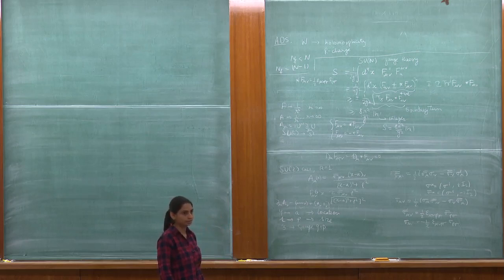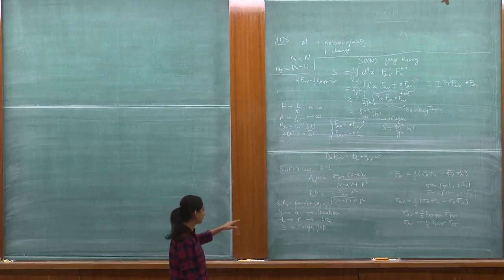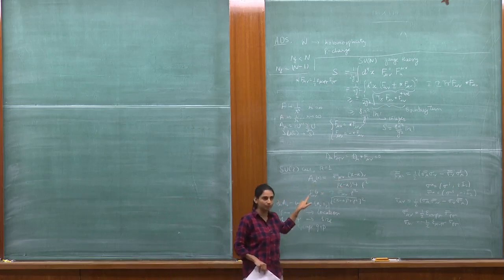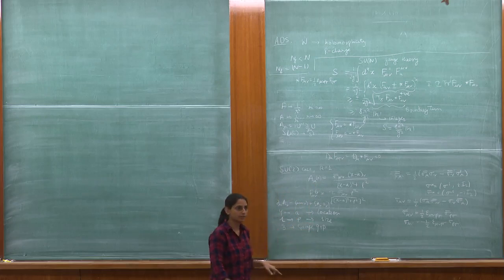Then what happens to the remaining Lorentz transformations? They will change the instanton. No, this transforms like a vector under the Lorentz group, no? There's a mu index, which should transform as a vector.